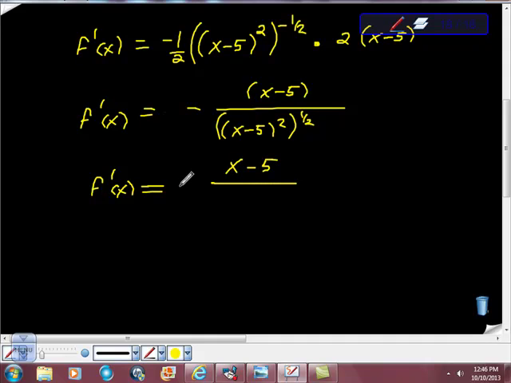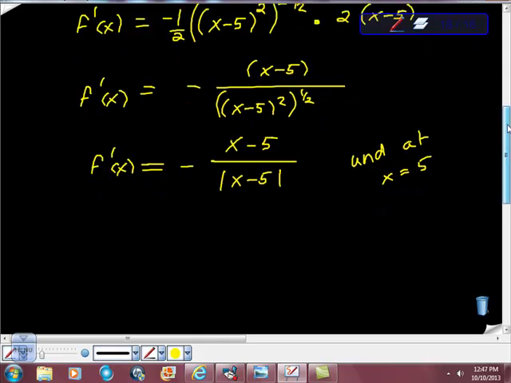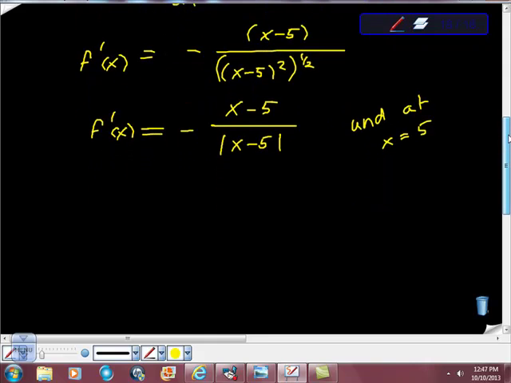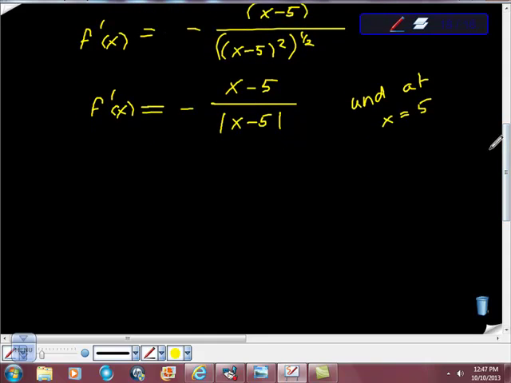There's our solidus. Our negative sign is here. But by definition, if I raise something to the second power and raise that to the 1/2 power, I get absolute value, don't I? So we get absolute value of x minus 5. We can see clearly here that the function is undefined at x equals 5. So we know that any place the first derivative goes undefined, that becomes a critical value, doesn't it? So it's the only critical value that we have here.